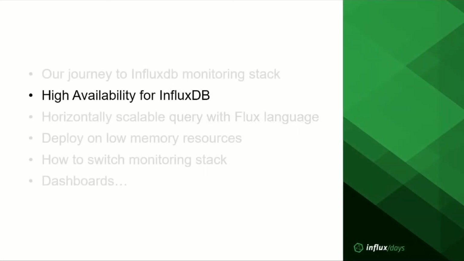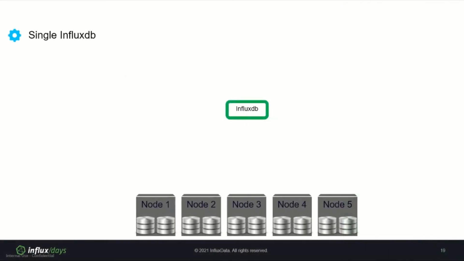Next, I will cover our journey to InfluxDB high availability. So we decided to use InfluxDB as our main time series database, which will run on the ECS cluster to provide internal monitoring. We created a Docker container for InfluxDB and changed our orchestration to deploy InfluxDB on one of the nodes in the cluster.